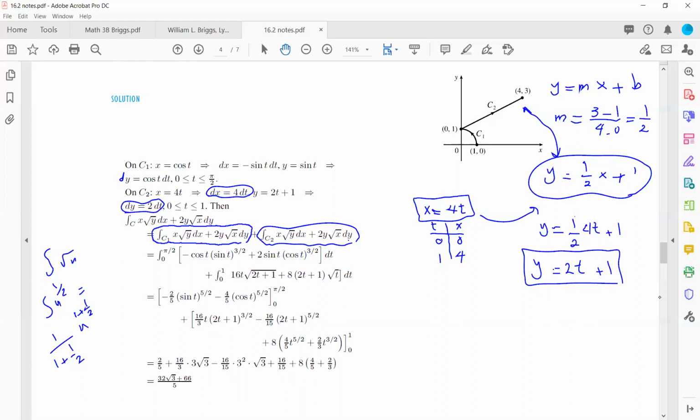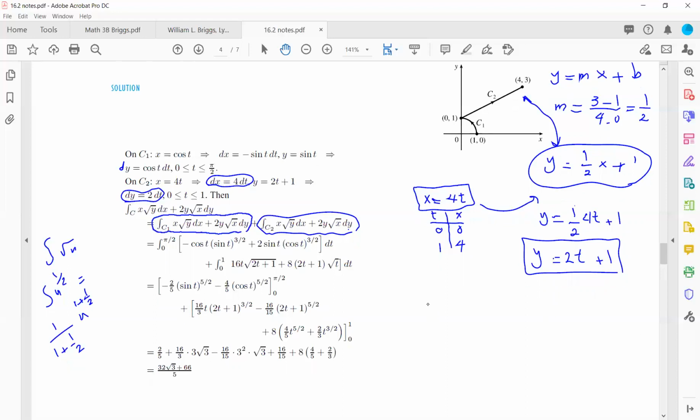T ranges between 0 and pi over 2, and the second integral is 16 over 3 t, 2t plus 1 raised to 3/2 minus 16 over 15, 2t plus 1 to 5 over 2 plus the last one, which is 8, 4 over 5 t to 5 over 2 plus 2/3 t to 3 over 2, 0 to 1. After doing the algebra, you have the integral of this function over the union of these two curves.